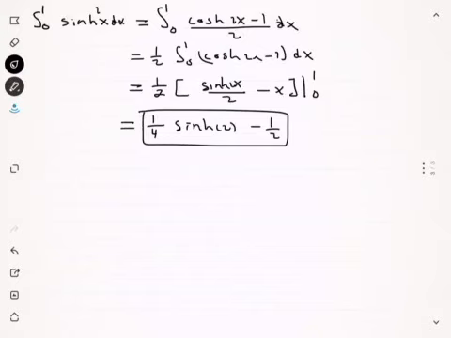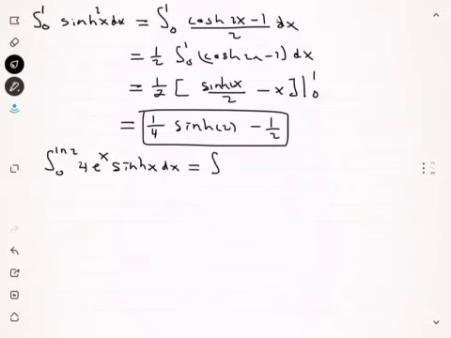Finally, suppose that we want to take the integral from 0 to the natural log of 2 of 4e to the x times hyperbolic sine of x dx. This time we're going to write the definition for the hyperbolic sine.